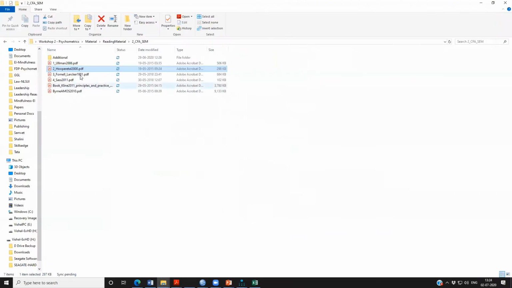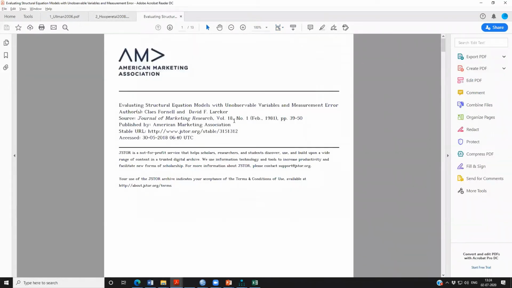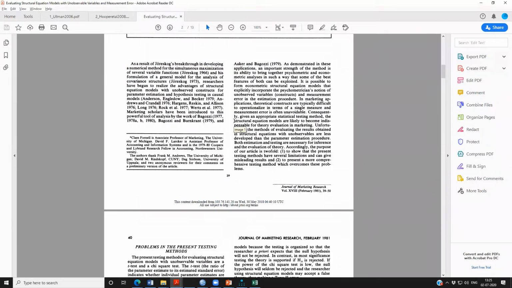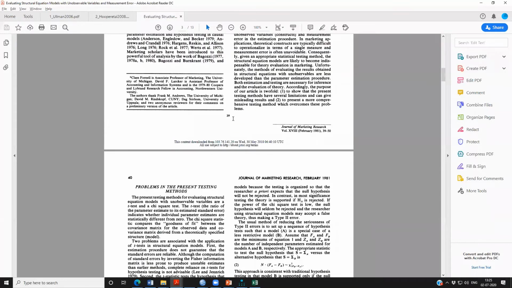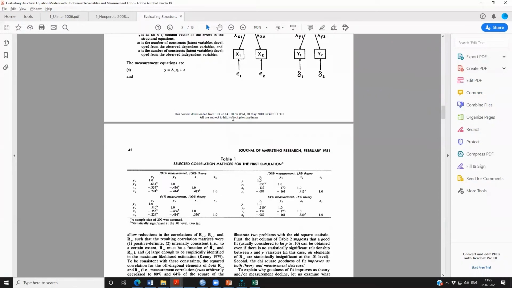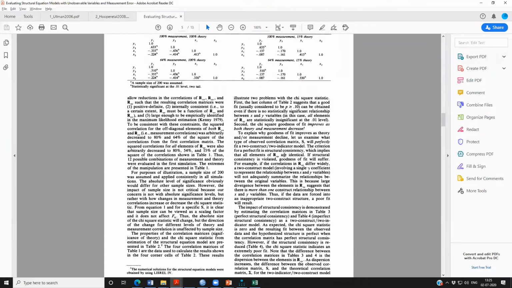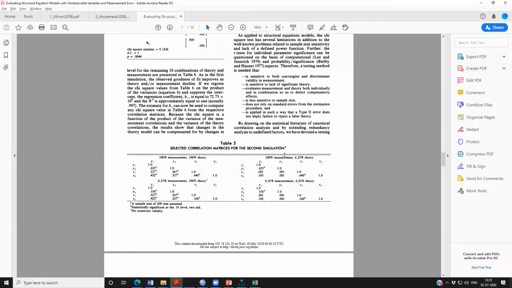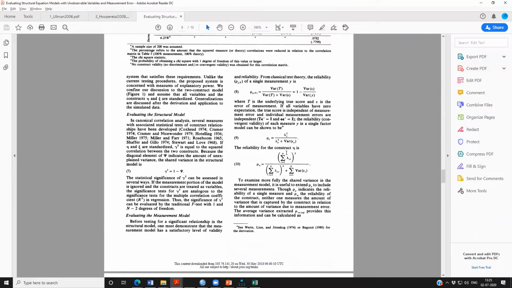Fornell and Larcker paper is a seminal paper which is often cited for AVE and CR. On page number 45 of this paper, the author has given this formula.